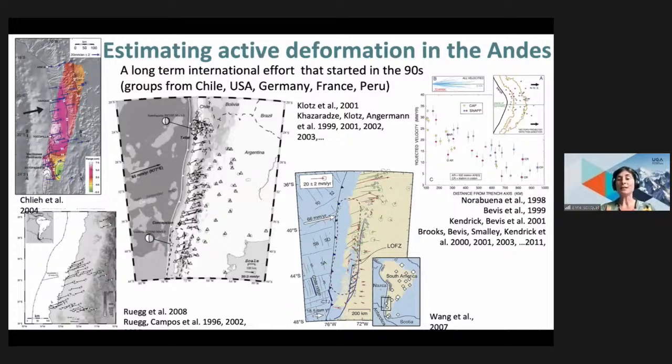You can see here historical work: the work of the German colleagues, the Peruvian and American colleagues, and the French colleagues. It has been a very long initiative. It started with campaign measurements, and then it switched to continuous GPS measurements.